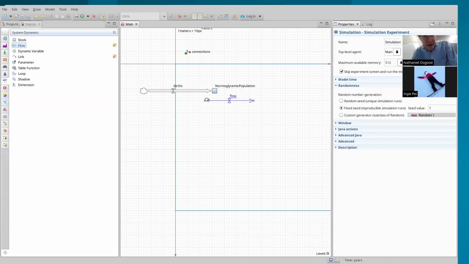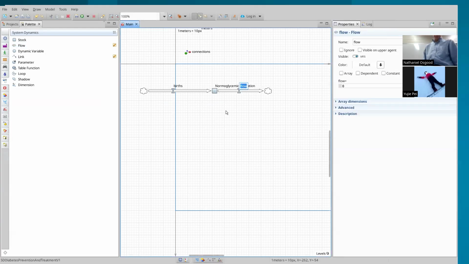I'm going to connect it to be an outflow from that stock, and it is going to be called normoglycemic deaths.